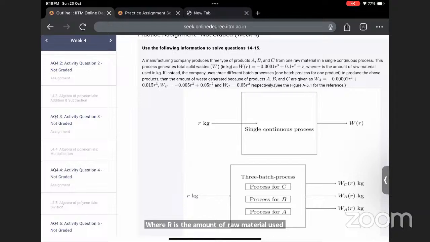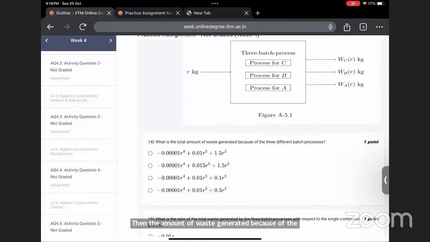If instead the company uses three different batch processes to produce the above products, then the amounts of waste generated because of products A, B, and C will be W_A, W_B, and W_C. What is the total amount of waste generated by these three different processes?